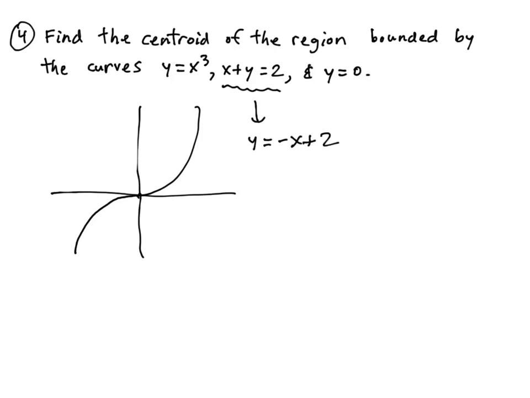So if we were to go up 2 spaces here, this has a slope of negative 1. So we know that this is going to pass through this point. There's our straight line. Sorry, it doesn't look very straight. Finally, y equals 0 is the x-axis, and so the region that we are talking about is inside of here. This is the region that we're talking about.